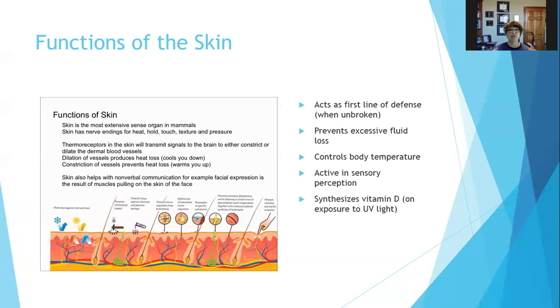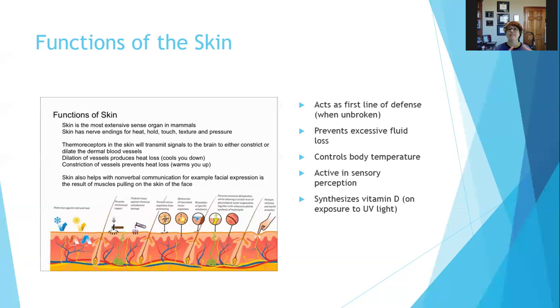So the skin has a lot of functions. It's our first line of defense and our non-specific immune response. And we talked about that in chapters 5, 6, and 7, inflammation, infection, and the immune system. So when our skin is unbroken, it is our first line of non-specific defense from anything that might come in from the environment and harm us.